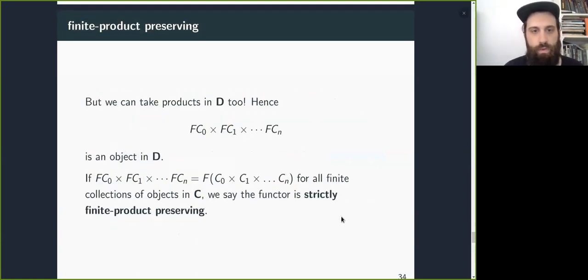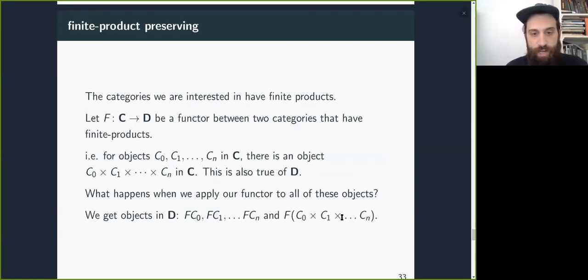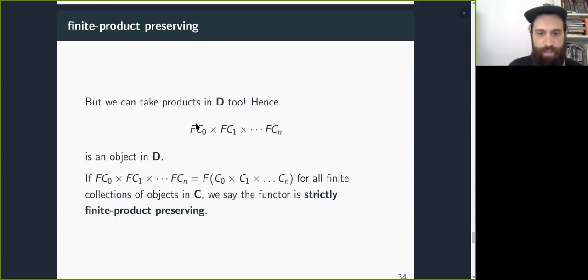Since we can take products in D too, we can take a product of F of C0, F of C1, and so on, and get another object in D. If taking the product of the images of each of these objects is the same thing as taking the product and then applying the functor, then we say that our functor is finite product preserving.